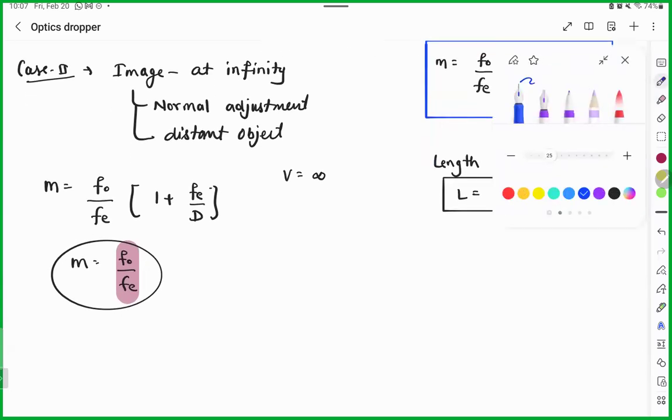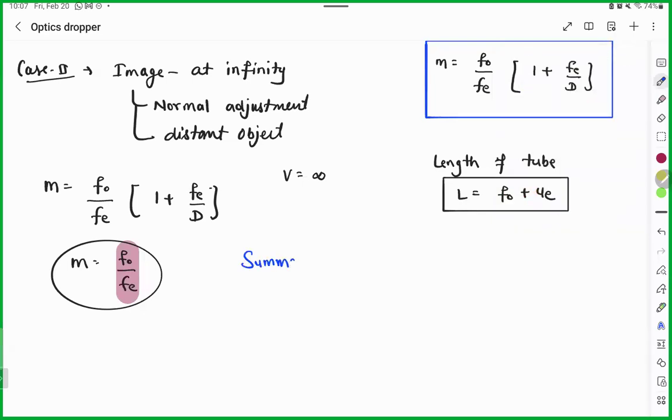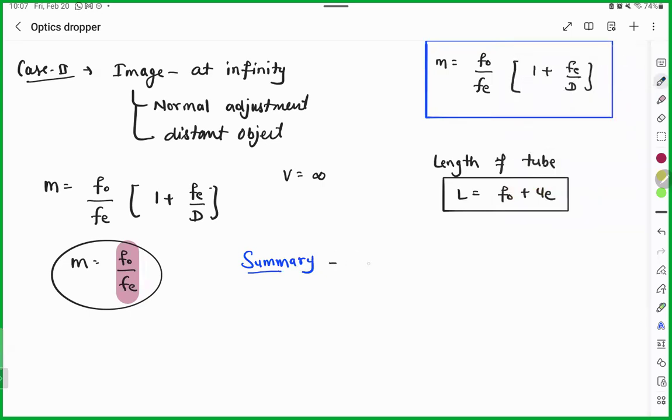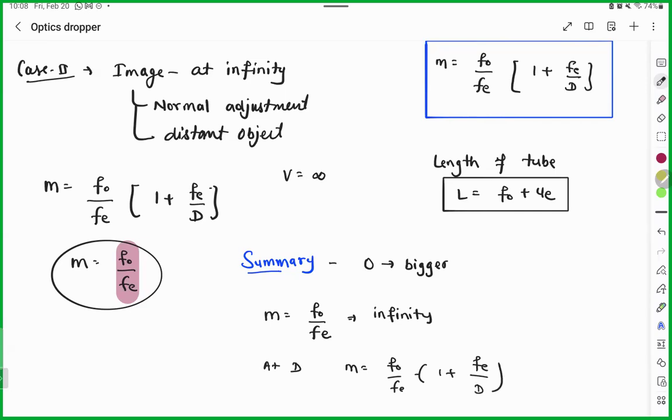Final conclusion. If you take the summary of this topic, I will make a summary of all. First, the summary of this topic: here the objective lens is bigger compared to the eyepiece. Second, magnification is equal to f naught by FE. This f naught by FE is present when you have the image at infinity. If it is at D, then magnification will be f naught by FE times 1 plus FE by D. Correct?